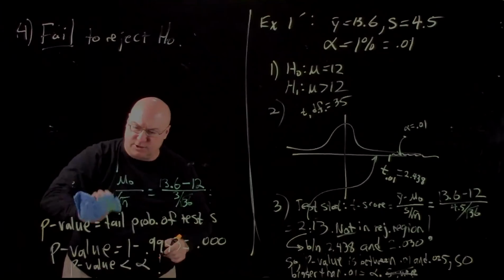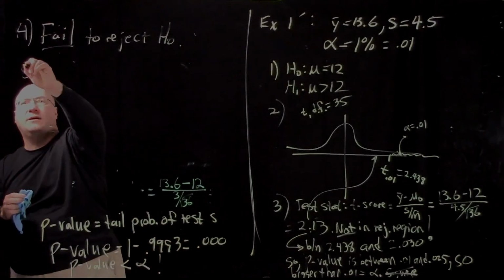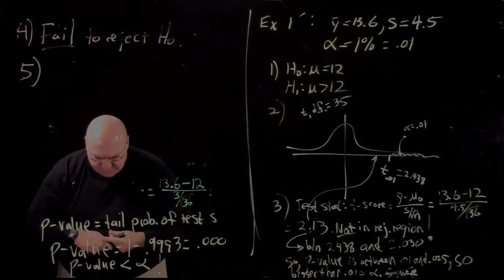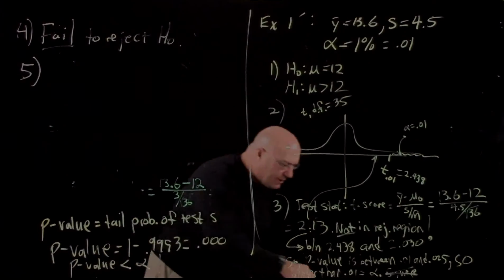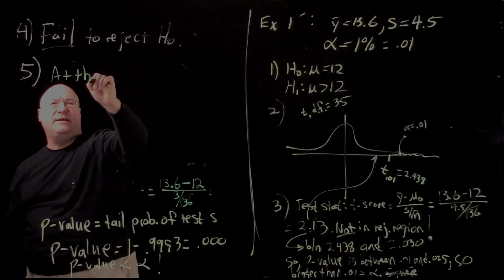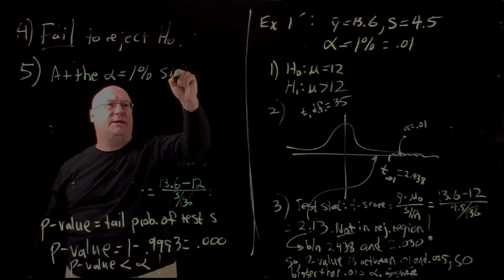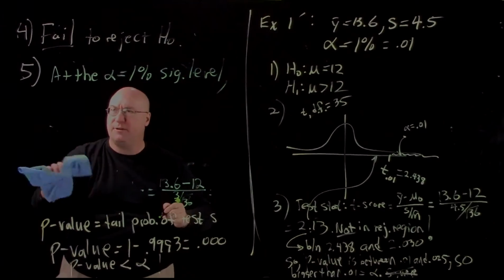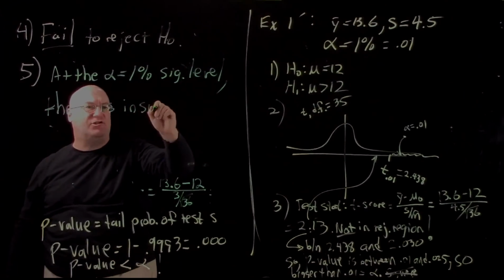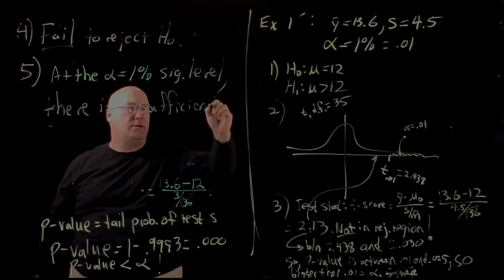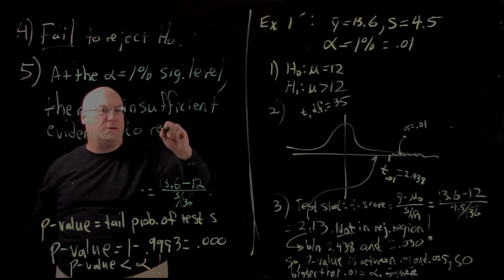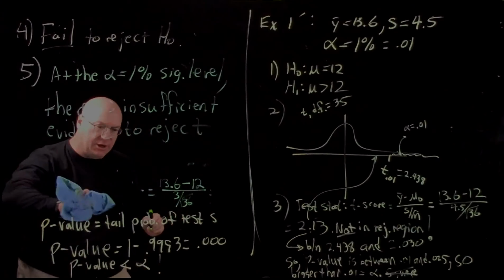How do we write the final conclusion then? The way that is pretty common to say it is, at the alpha equal 1% significance level, there is insufficient evidence to reject the null hypothesis.